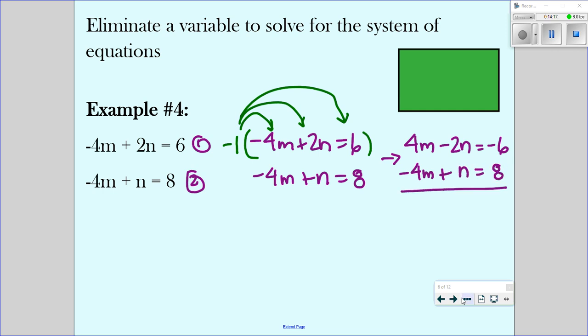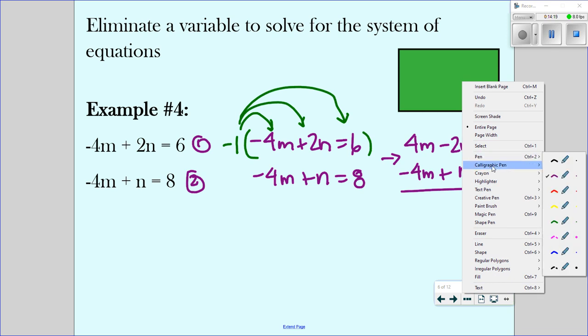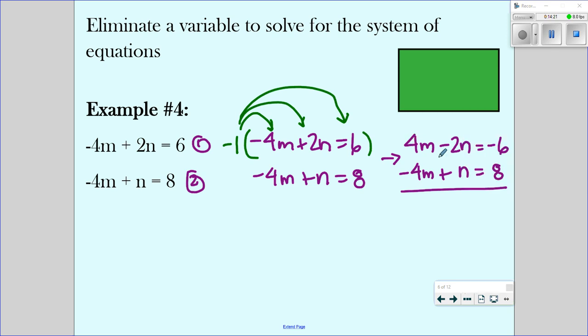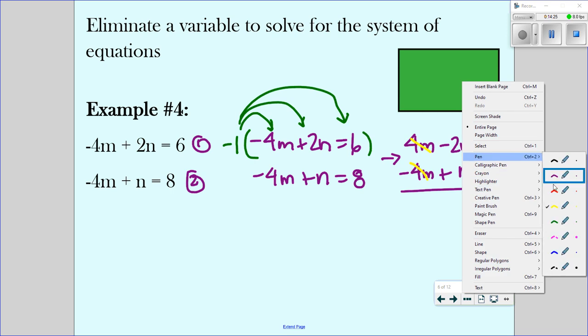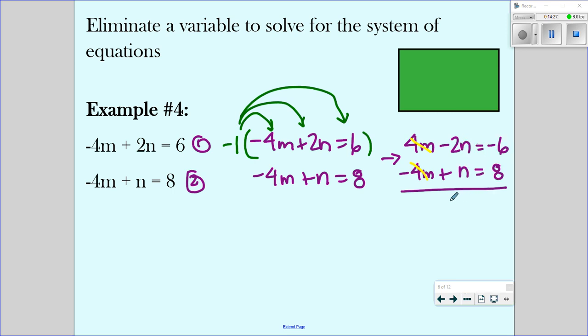Now you can eliminate, and we're going to be eliminating the 4m and the negative 4m. And then we're going to add the other two terms. So this will be 3n, and then since negative 6 plus 8 gives us 2, divide 3 on both sides, and then you're going to get 2 over 3.